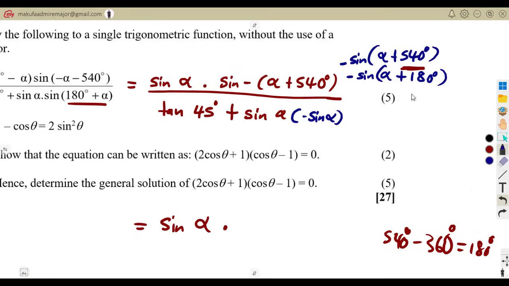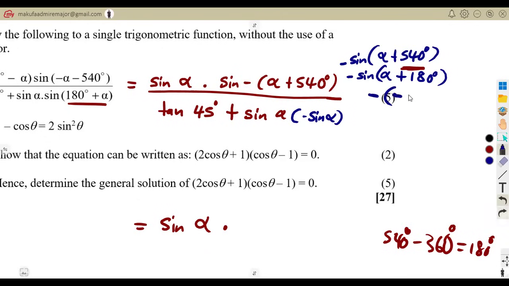Guys, where do we have sine alpha plus 180? Sine alpha plus 180, this one that we talked about here, we saw that it will give us a negative at the end. So take note, guys, there is a negative that we already have. But the sine of alpha plus 180 reduces to be a minus sine alpha.